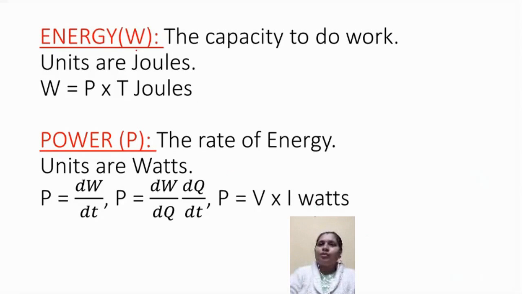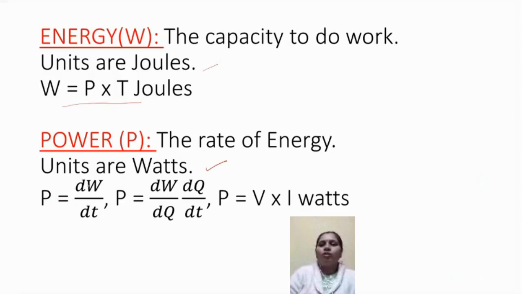Okay. Next, moving on, this is energy. Energy is represented as W, and we know that energy is the capacity to do work. The units of energy are joules, and it can also be defined with the equation W equals P into T. Now, what is P? P is power. Power is the rate of energy, and the units are watts.